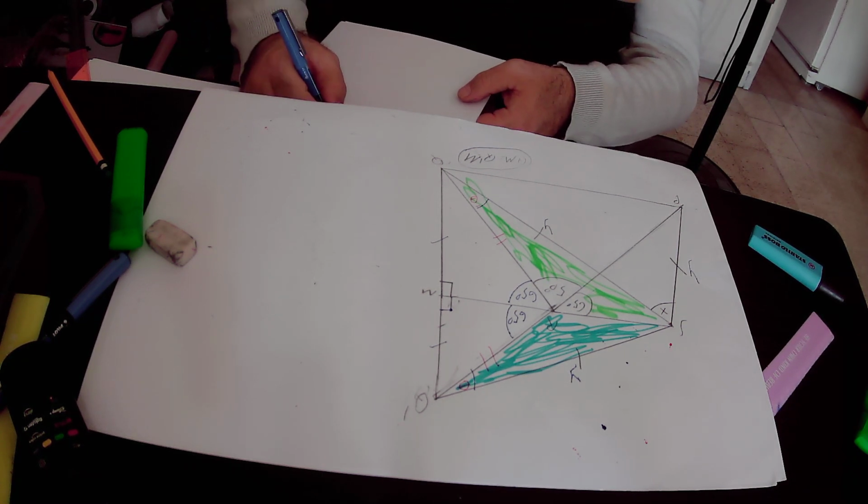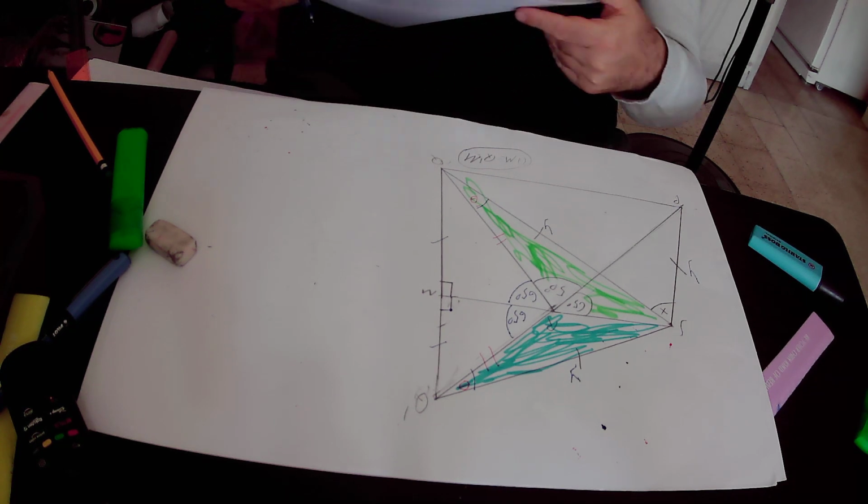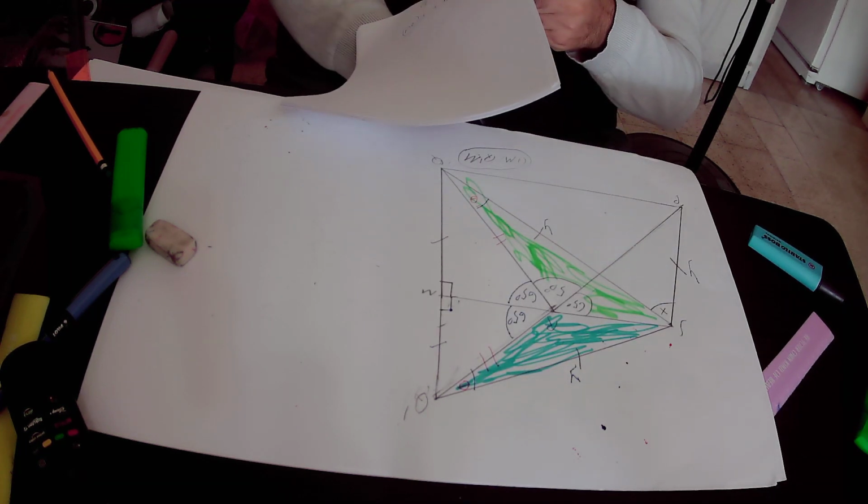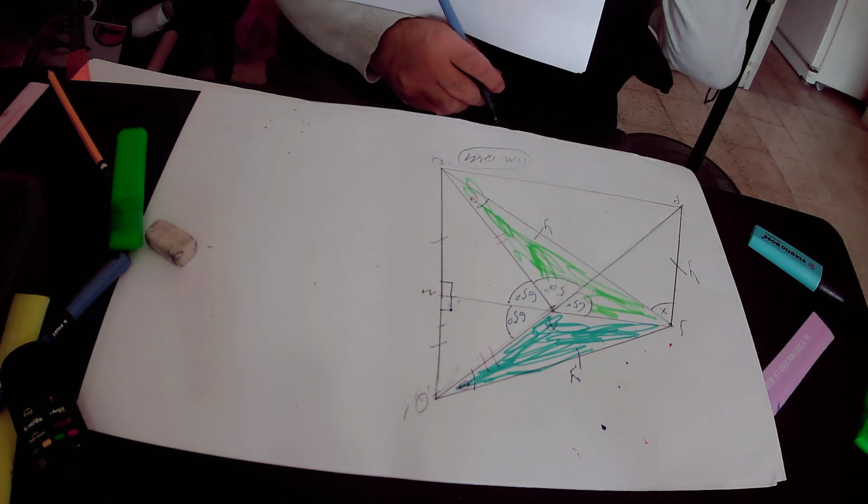So PR is a straight line as a diagonal in quadrilateral SRPQ.